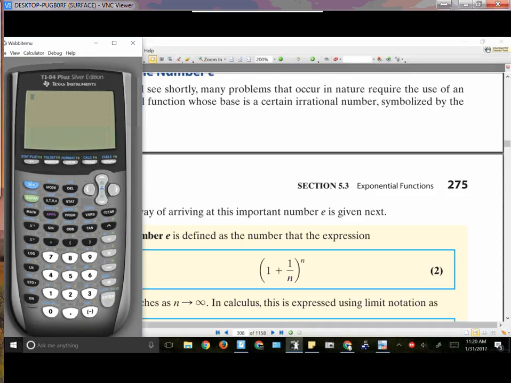If I hit second natural log, I get e, and I'm going to put in 1. This is the value of e. 2.718, it just keeps on going. It has the same set of properties as non-terminating, non-repeating decimal numbers.